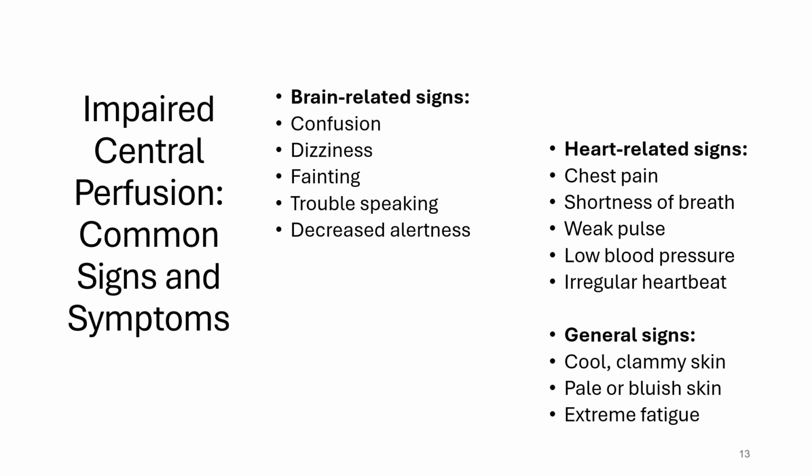Also, you want to get a fresh set of vitals and see if your patient is hypoxic or hypotensive. We also see dizziness, fainting, dysphasia with an S, that's difficulty speaking, and they have a decrease in their sensorium or their cognitive ability. The heart, we're going to see chest pain, shortness of breath, a weak pulse.